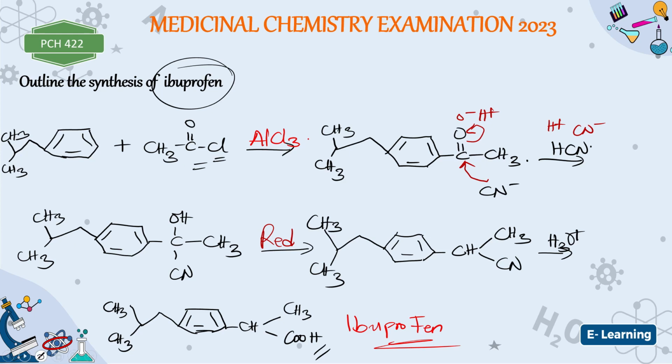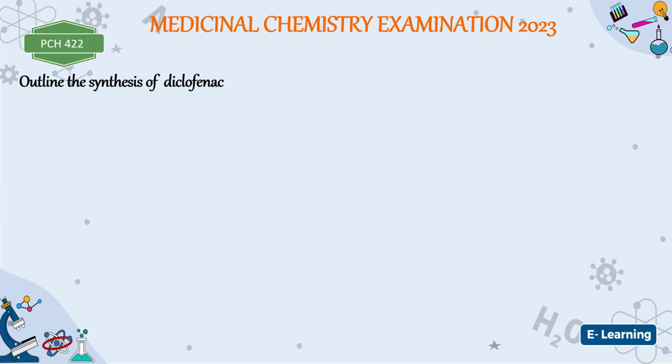Now the next one is diclofenac. How do we synthesize diclofenac? First of all, what is the structure of diclofenac? Now diclofenac is the aryl acetic derivative.